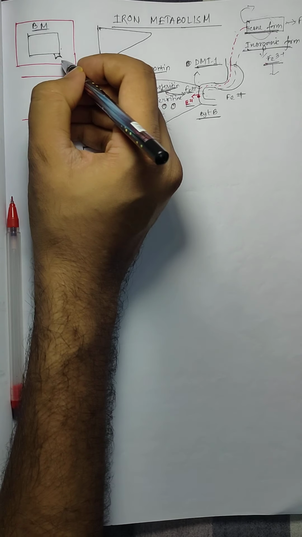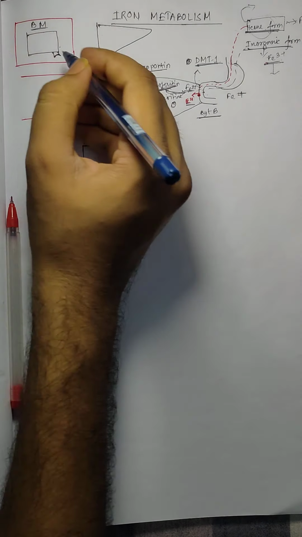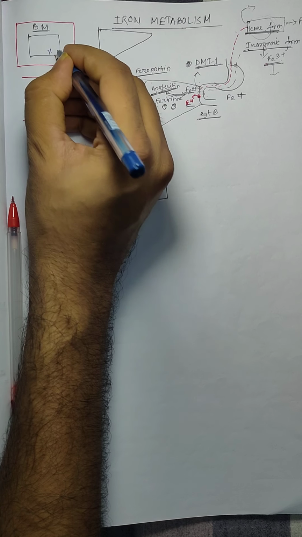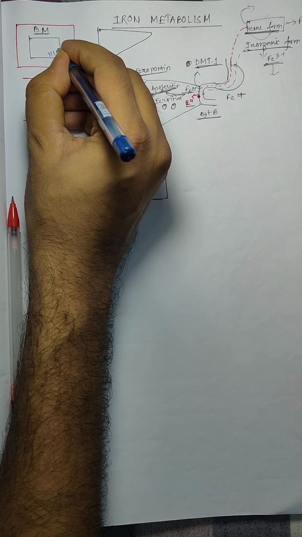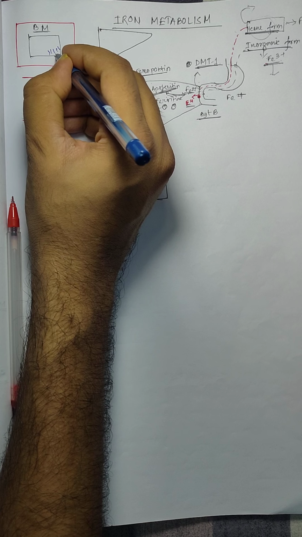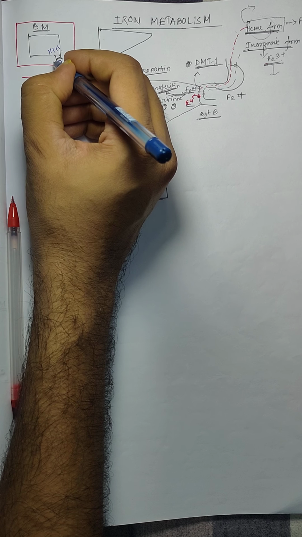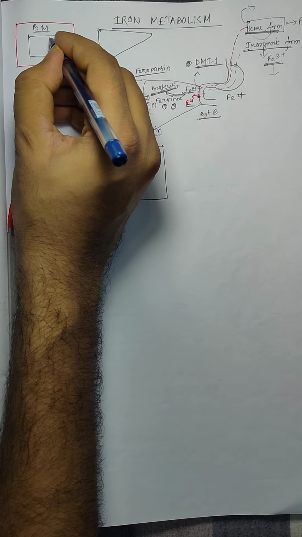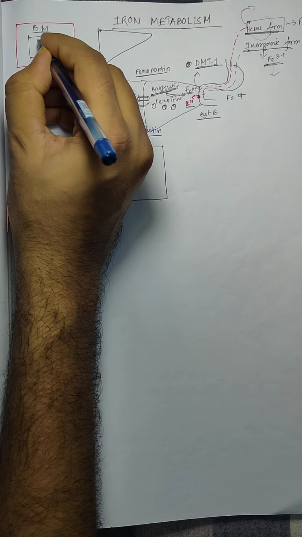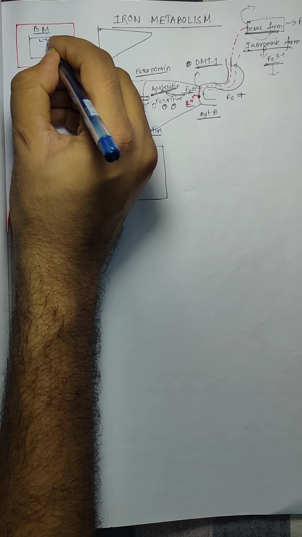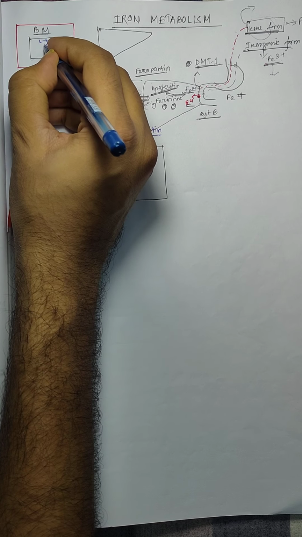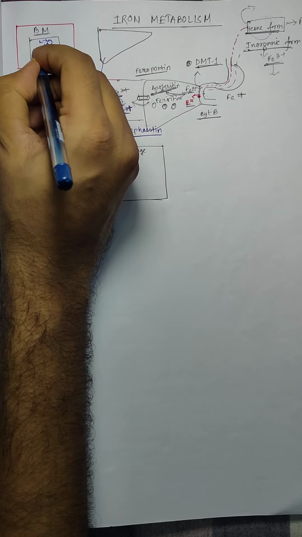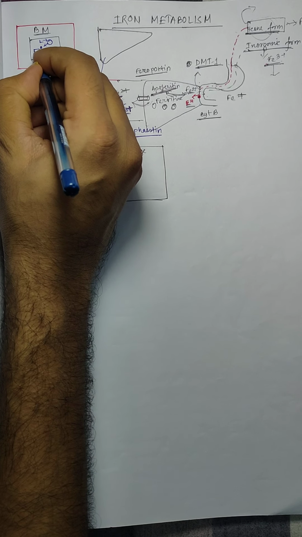Now this transferrin binds to the transferrin receptor, and then the clathrin molecules are attached on the inside part of the cell membrane, and then finally it is endocytosed. After endocytosis, the lysosome comes and causes release of that iron. This iron then goes to the mitochondria.